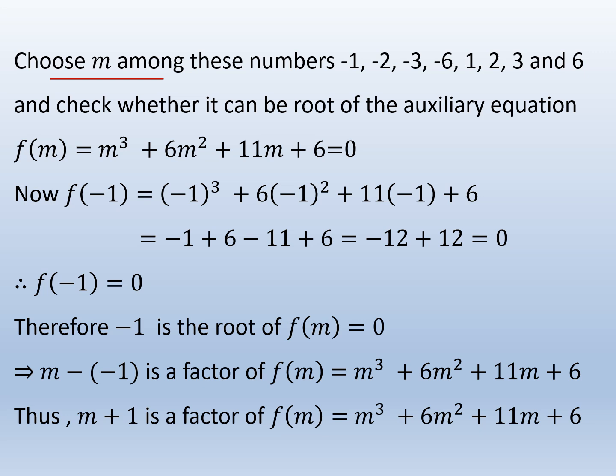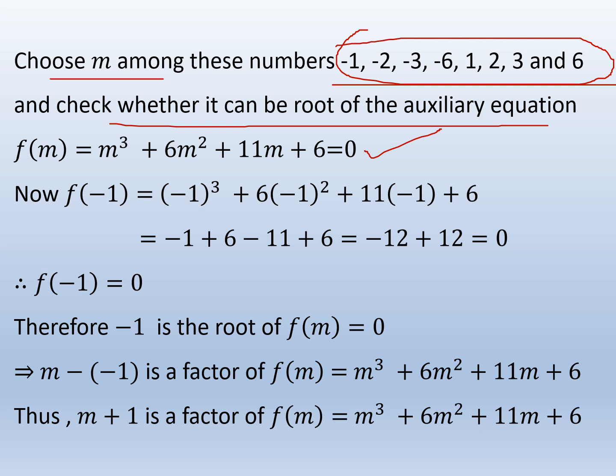Now choose m among these numbers minus 1, minus 2, minus 3, minus 6, 1, 2, 3 and 6 and check whether it can be a root of the auxiliary equation. It means if we substitute any of these values in f of m, we should get 0.